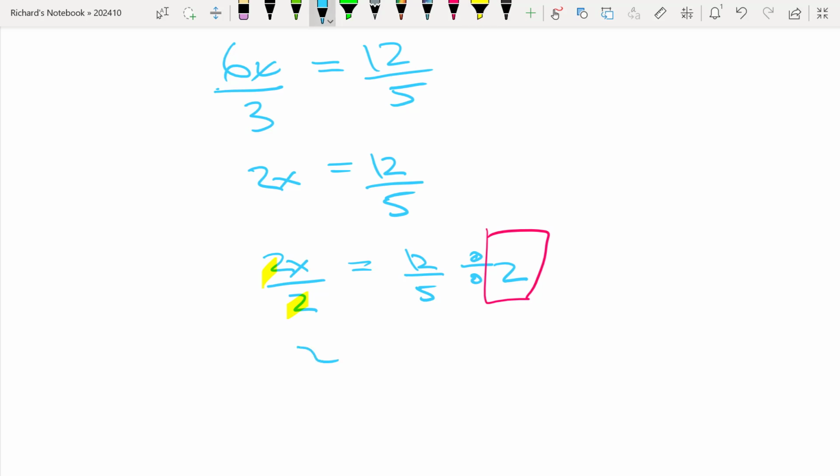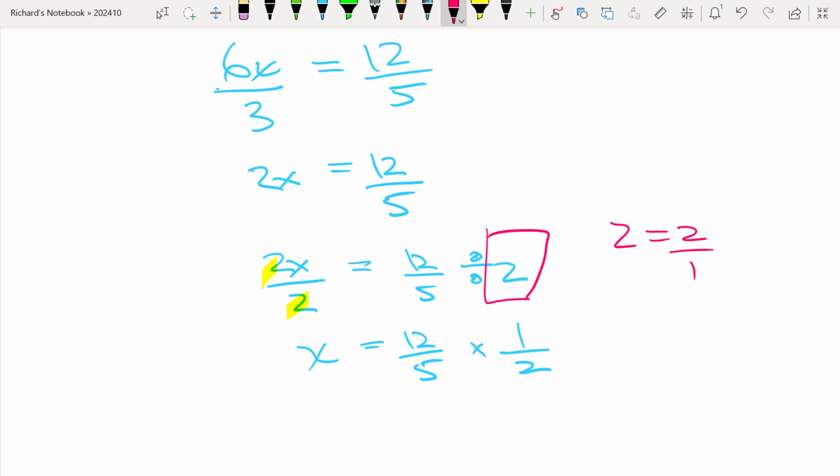So that leaves me just an x on the left. And this is going to be equal to 12/5 times 1/2. And the reason this is now 1/2 is the number 2, you can really write the number 2, that's the same as 2/1.